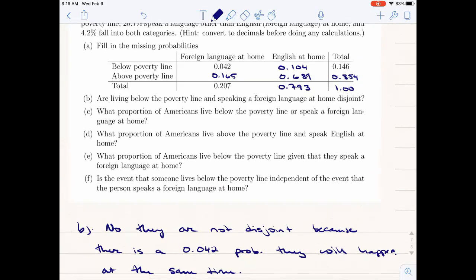C then. What proportion of Americans live below the poverty line or speak a foreign language at home? So they have to live below the poverty line or speak a foreign language at home. So we've got a few options here. You can use the formula, which is what I'm going to do.